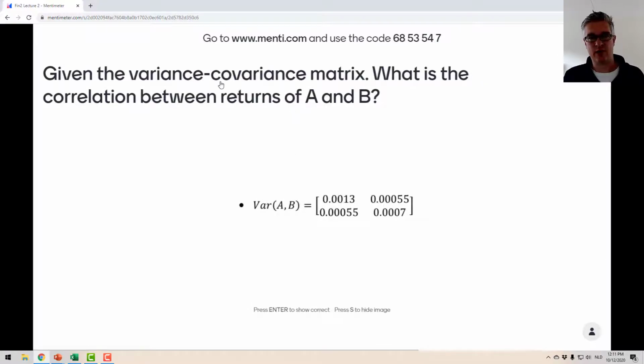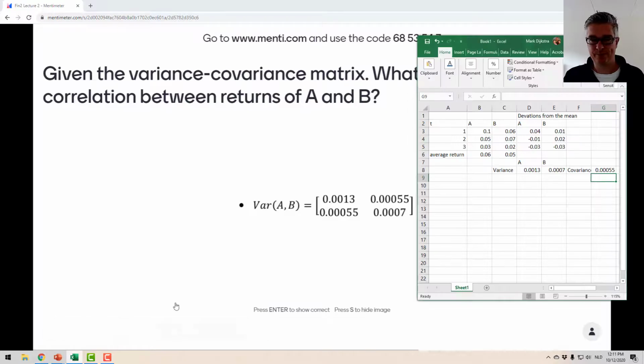So given our variance-covariance matrix, what is the correlation between returns A and B? Here I've presented this variance-covariance matrix.